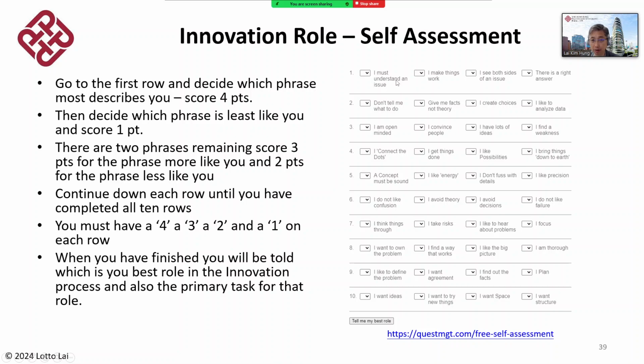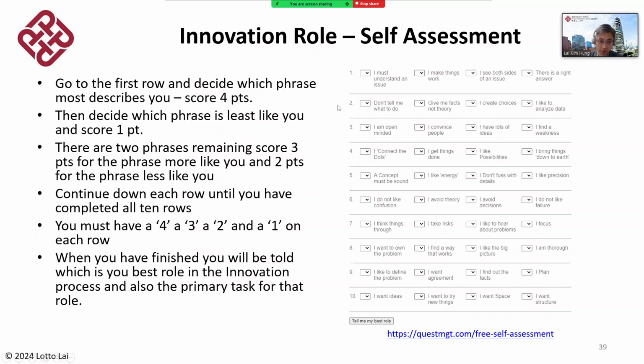So you think, "I must understand an issue before I work." Maybe it's a 4, and this is the right answer. It may be a 1. Then the remaining phrase that is like you gets 3 points, or 2 points for less like you, so you can see 4, 3, 2, 1 like that.